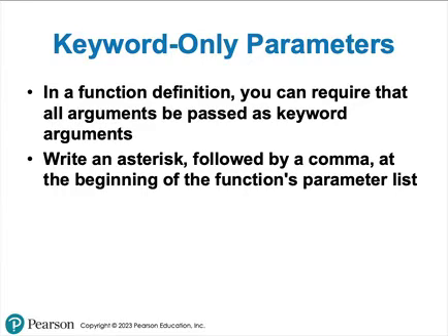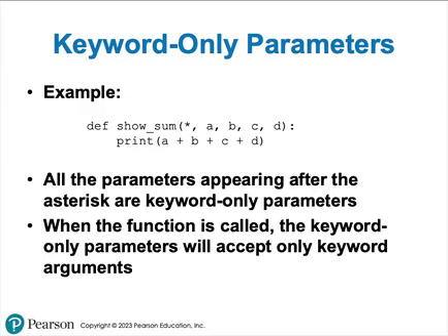The way you do that is you put an asterisk at the beginning of your parameters list and a comma, and then put all of your parameters, and basically the function will only work if you use keyword arguments for all the arguments. As we'll see in a moment, you can put that asterisk other places, and it makes the arguments before that asterisk positional, and then the ones after keyword based, and keyword arguments can be in any order.